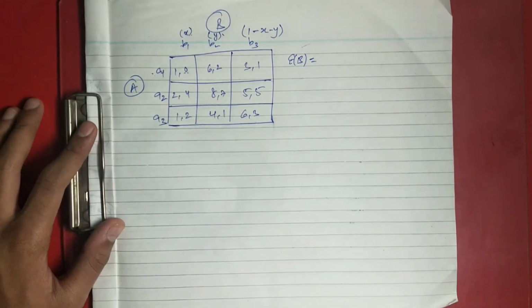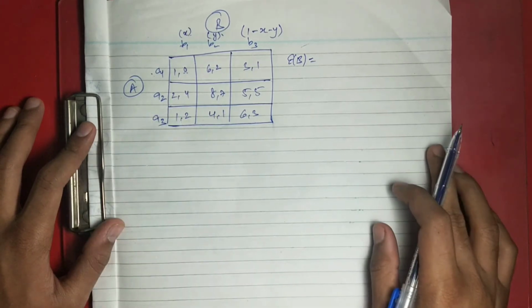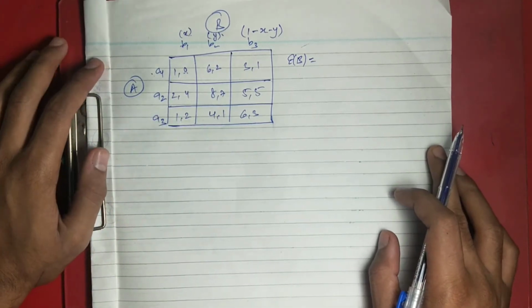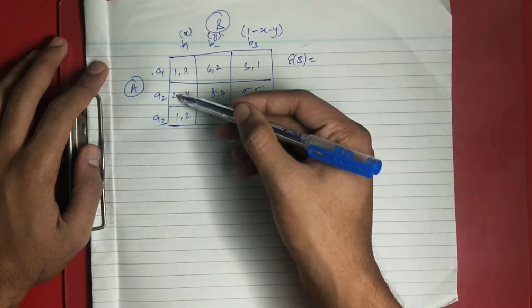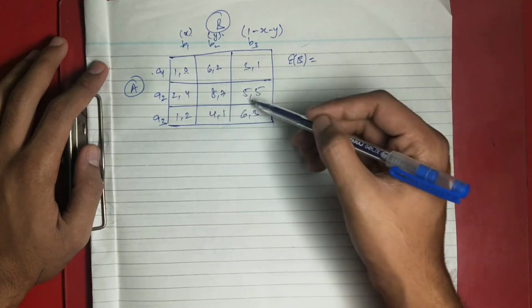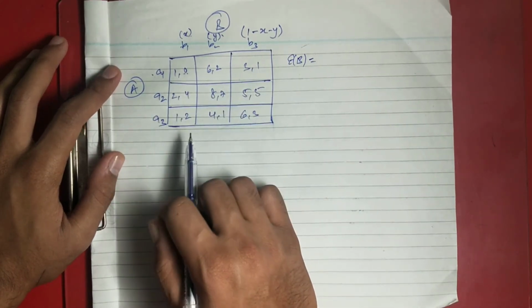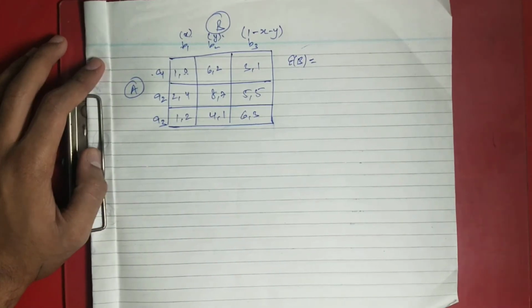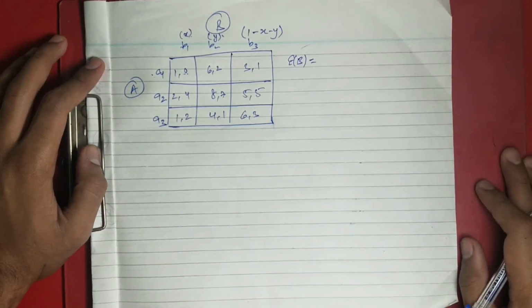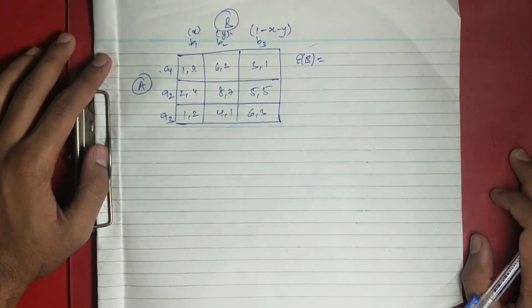Let's compare A2 and A3 first. I have to compare both the terms of A. If I have to eliminate any row, we have to see that the row we are eliminating is of no use for us. We will never choose that strategy.